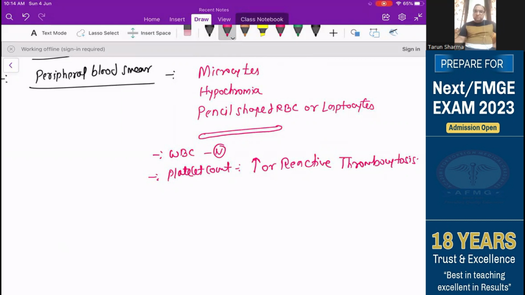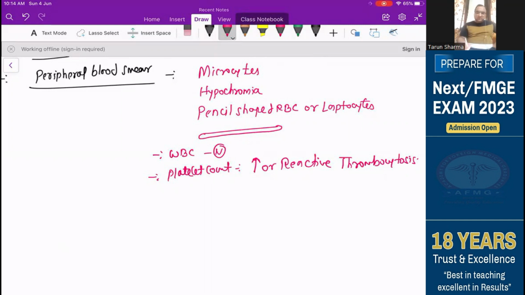That is very common in females because of problems in the menses. They lose blood every time. That's why they get mild iron deficiency, and that's why if you see their platelet count, it will appear a bit more than the normal level.